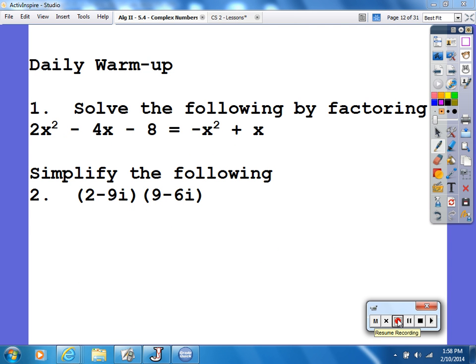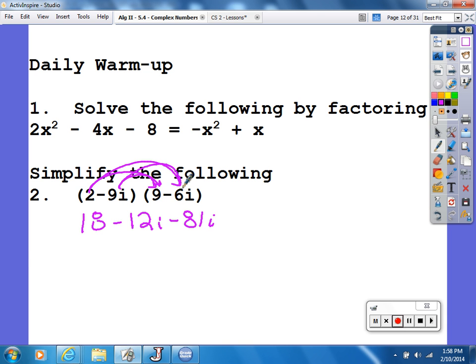Problem 2, most of you realize is directly off the homework. And this is a FOIL problem. 2 times 9 is 18. 2 times 6i is negative 12i. Negative 9i times 9 is negative 81i. Negative 9i times negative 6i is positive 54i squared. Okay? Now, the middle two I can combine.